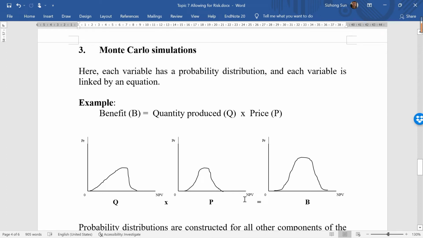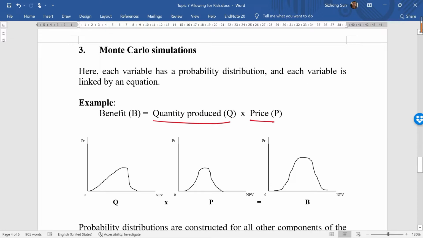The third approach of accounting for risks in cost-benefit analysis is called Monte Carlo simulations. Here, each variable has a probability distribution, and each variable is linked by an equation. For example, one item of benefits could be the output produced by the project, which is equal to quantity times price.